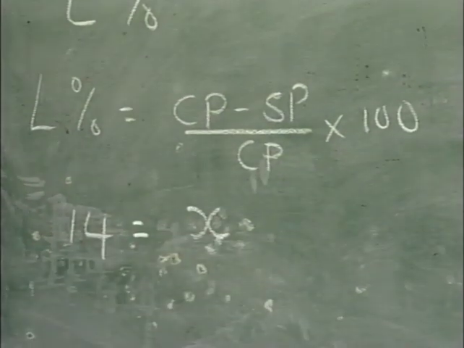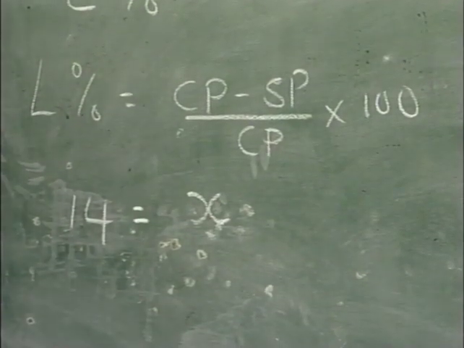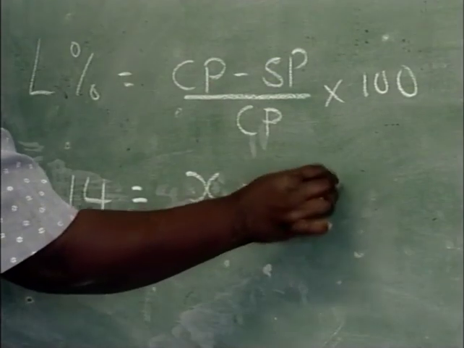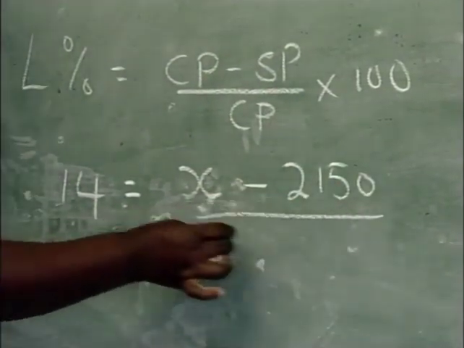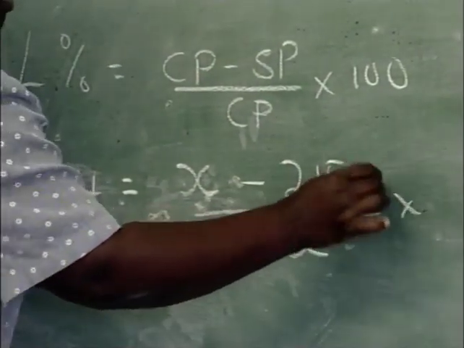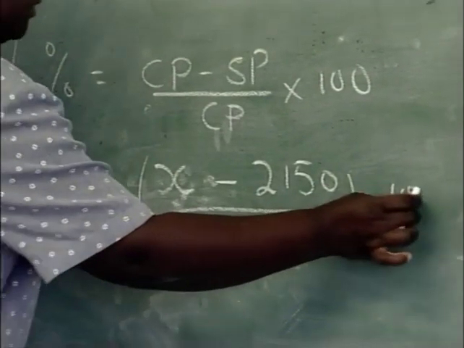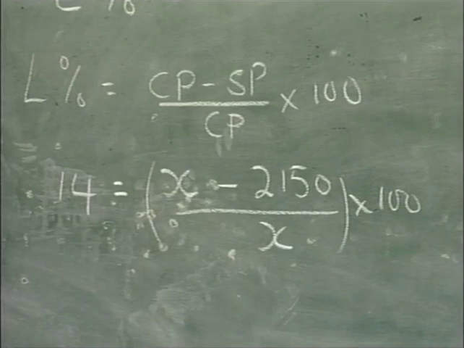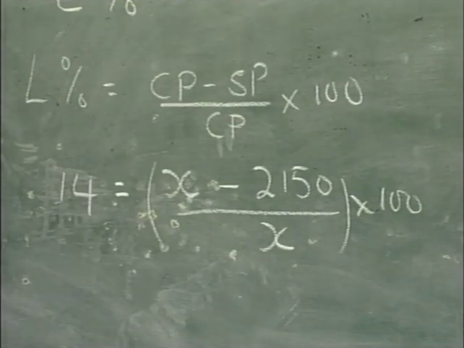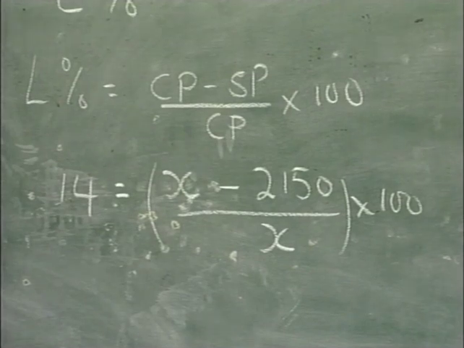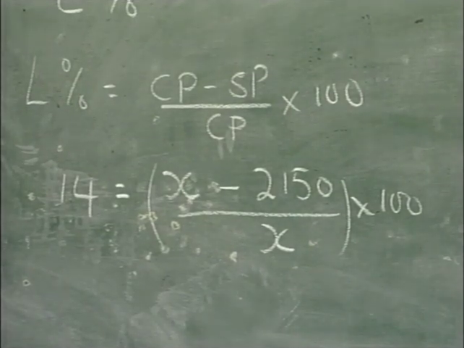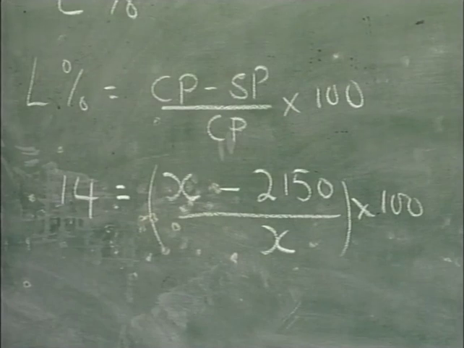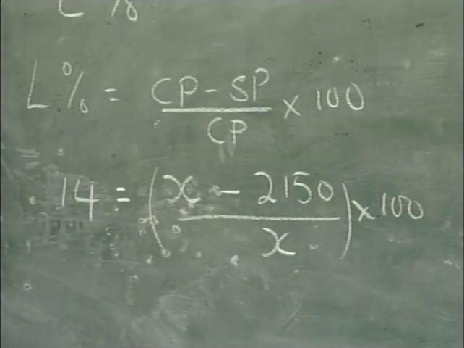So if I make it X, the selling price we know is 2,150. I multiply all of that by 100. That will at least give us the cost price, and when we know the cost price and the selling price, we can work out what the profit or the loss will be. Is it clear? Because when you make a loss, the cost price is more than the selling price.